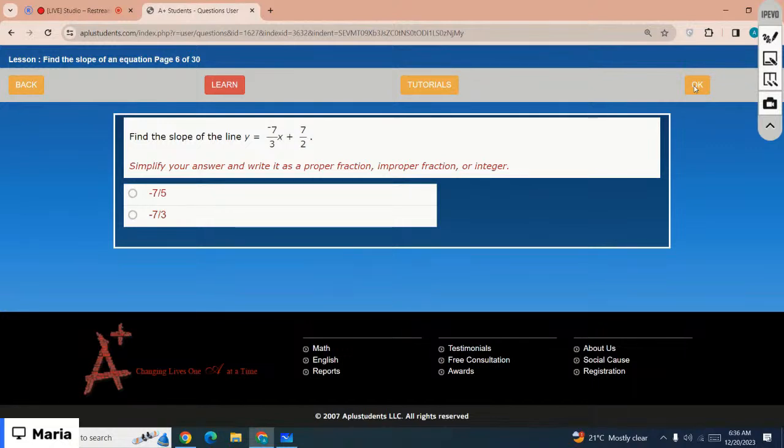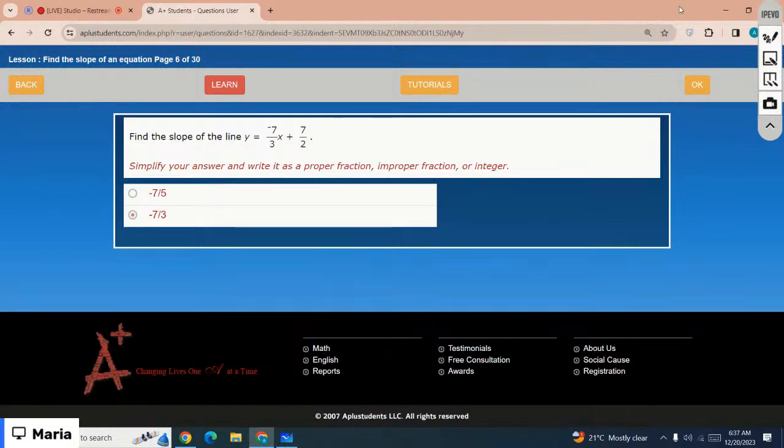The correct option is negative 7 over 3.